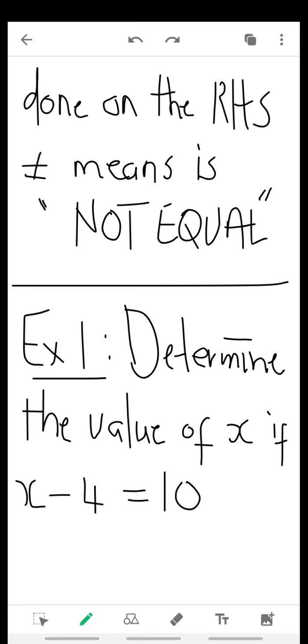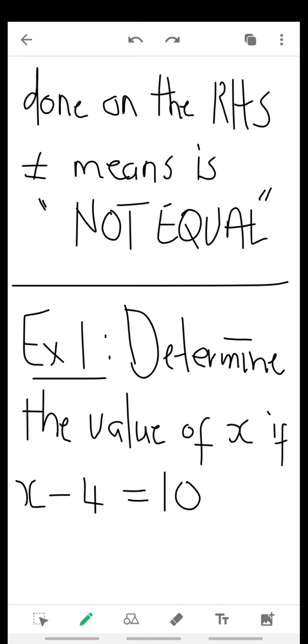Determine the value of x if x minus 4 equals 10. Using inspection we would ask which value would replace x and be subtracted by 4 such that we get the same answer as 10. In this case it would be 14.